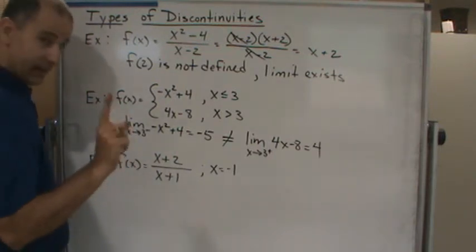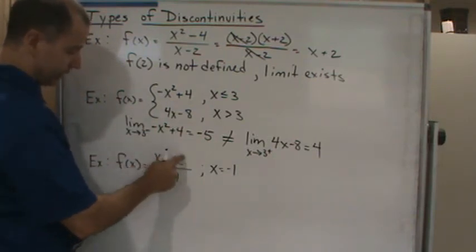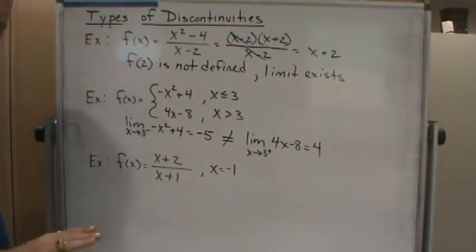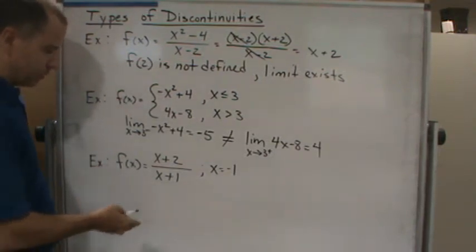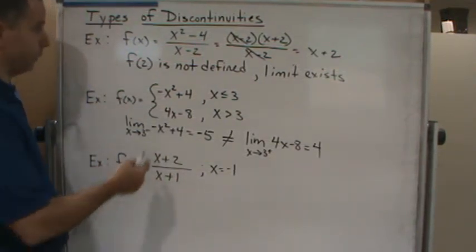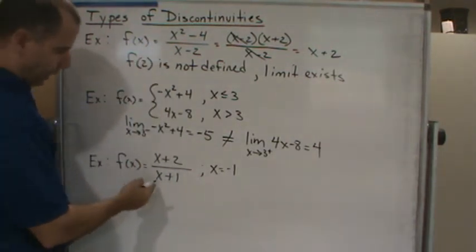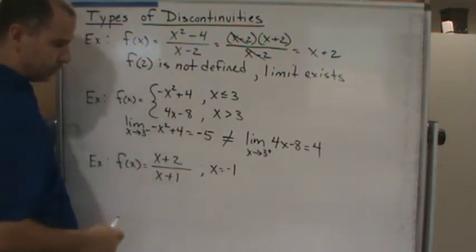Now, the fact that we get 0 here and we get a real number in the numerator tells me that automatically this is going to be an infinite discontinuity, because we don't get 0 over 0, right, like we do up here. Okay, and I can't factor anything. So there's something going on at x equals negative 1.